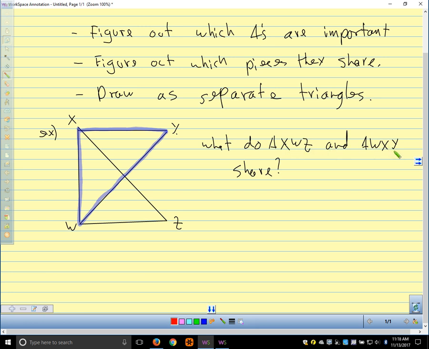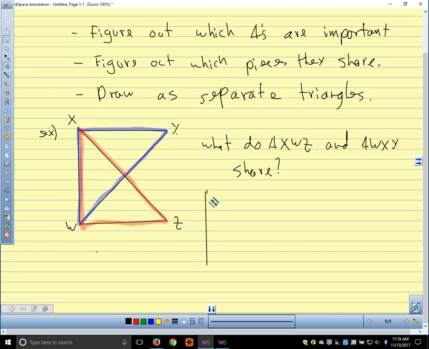Actually, I highlighted WXY first. XWZ is going to be this red triangle. There's the other triangle. And the question asks us, what thing do those two triangles share? It might be helpful to redraw them as separate triangles.